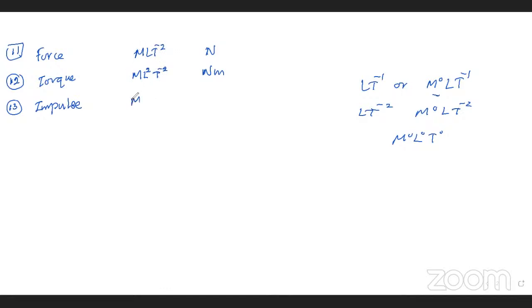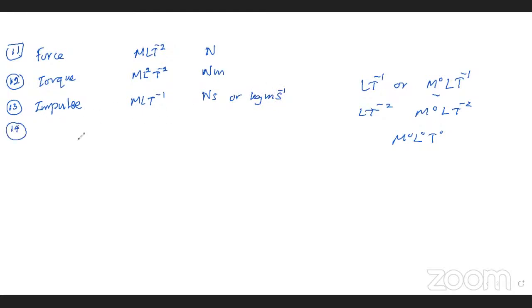So this impulse has the same dimension as the linear momentum. Linear momentum and impulse have the same dimension. So its unit is Newton second, or Newton kilogram meters per second. Right, both ways you can write. The unit of impulse is Newton second.